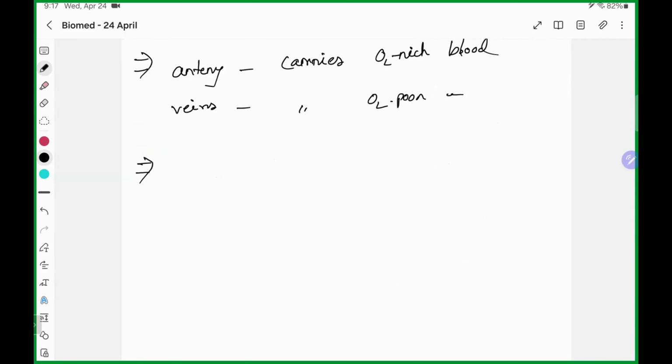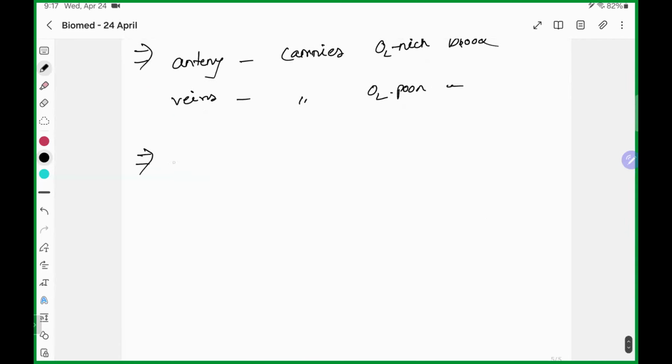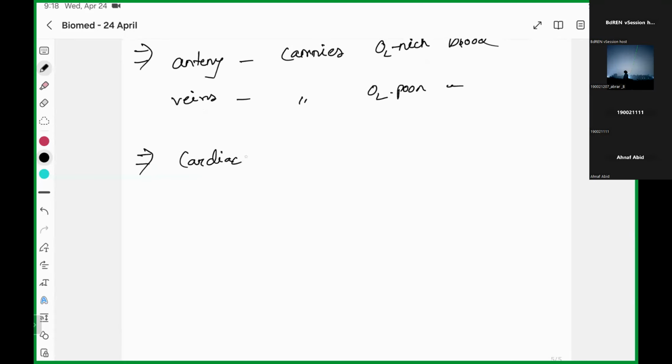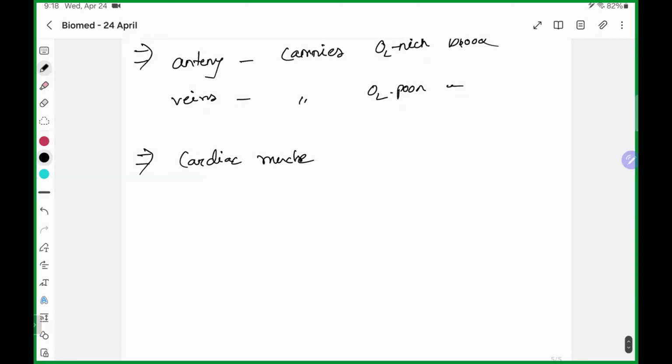Now here is the question. You see this cardiac muscle. It contracts to reduce the volume of atria or ventricles.